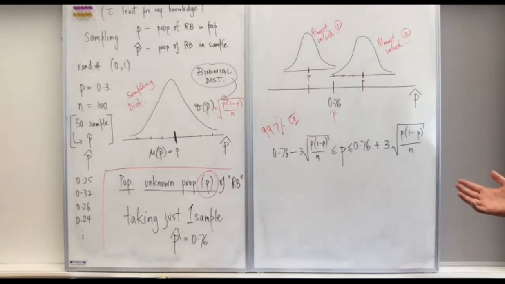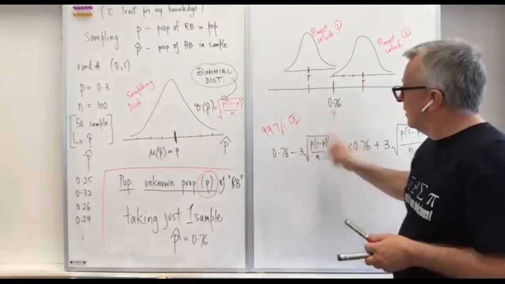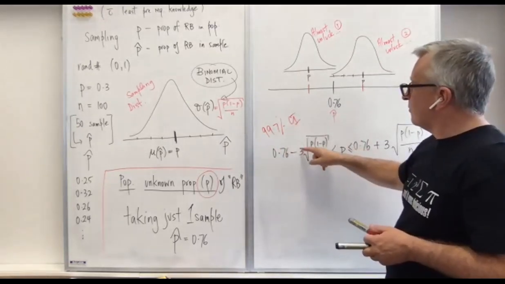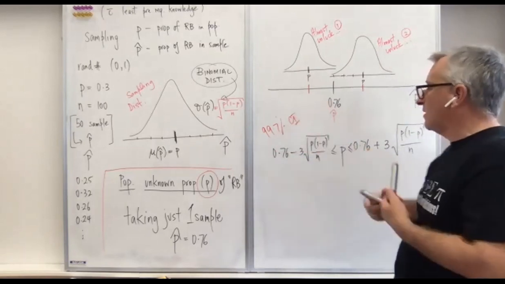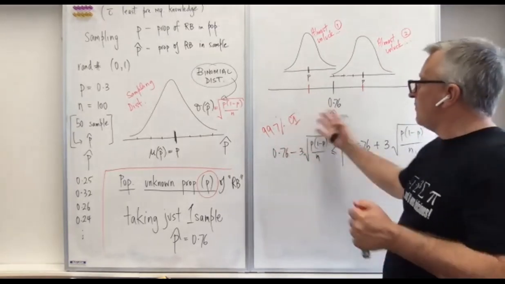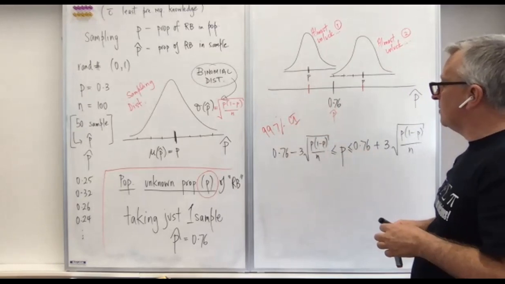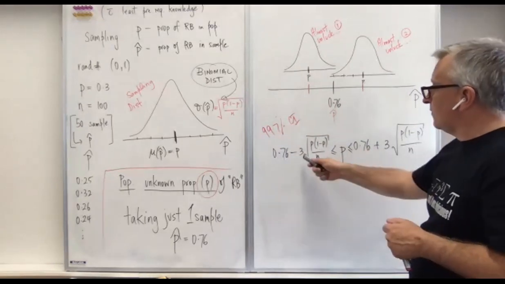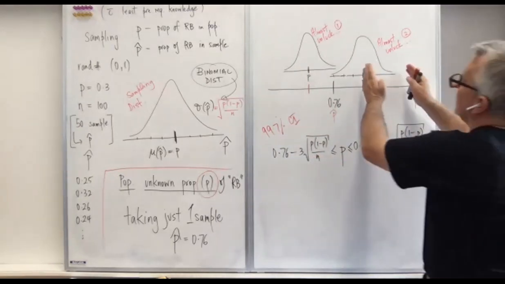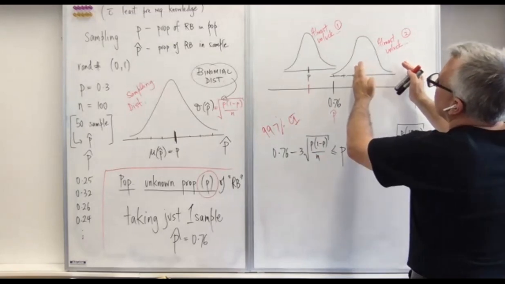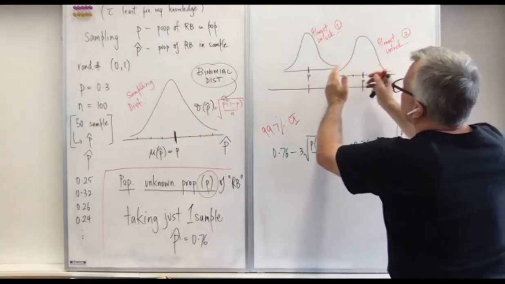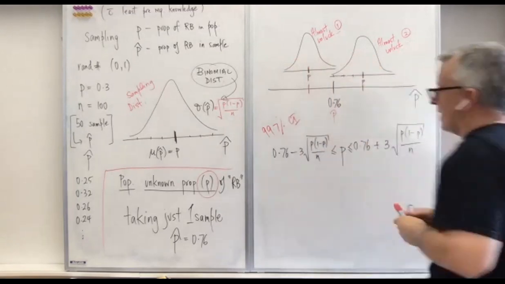If I wanted it to be a 95% confidence interval, well, actually that 3 is approximate, isn't it? So about that. If I wanted a 95% confidence interval, then this number here would need to be 2. So I'd be thinking that I'm not as unlucky as I was, and that would shift this way and that would shift that way.